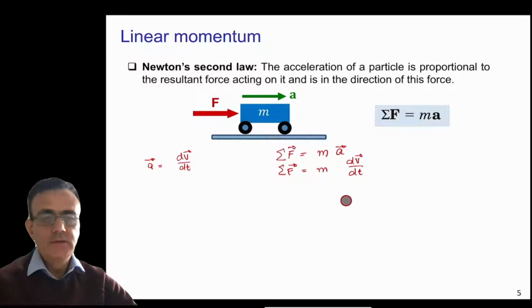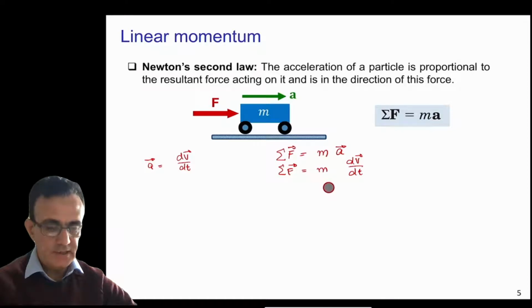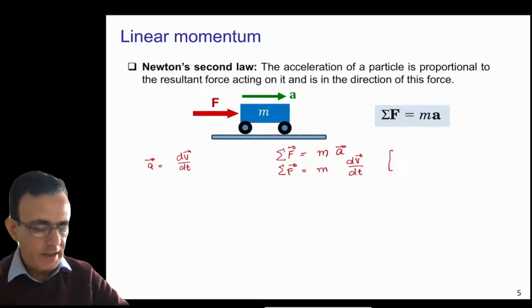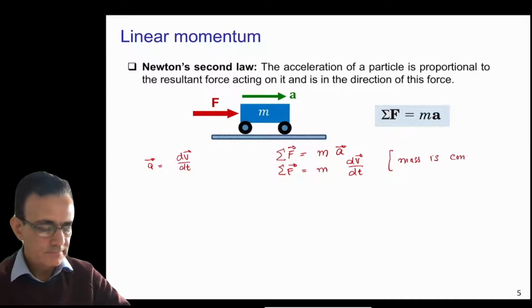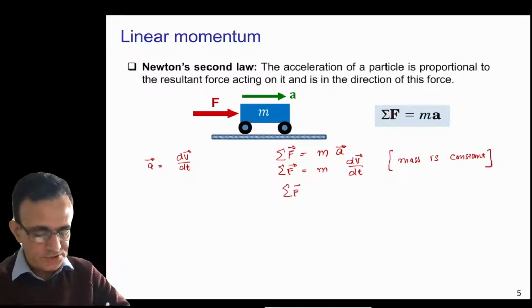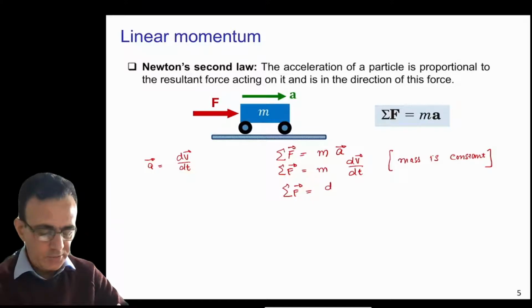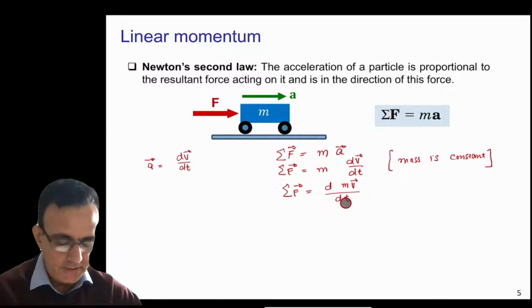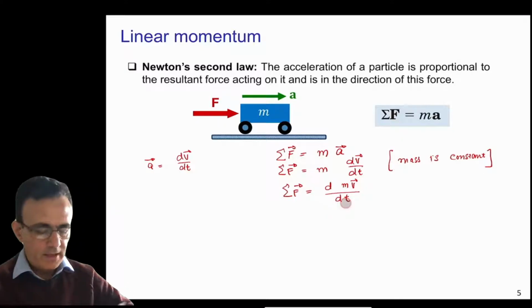If we assume that the mass is constant, we can move the m inside the differentiation, so we write d(mv) by dt.